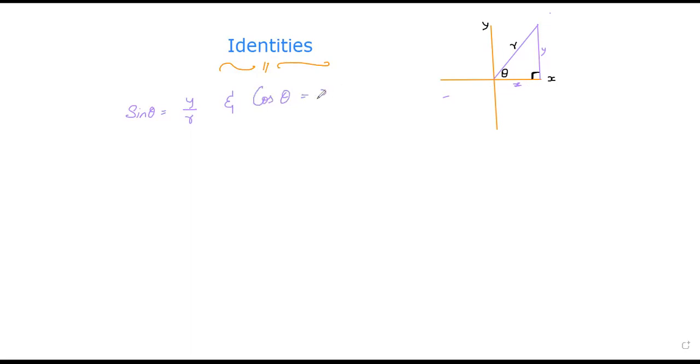Adjacent means next to the side which is next to this angle here. The side that's next to this angle is this one here. So it's X over the hypotenuse, which is R.